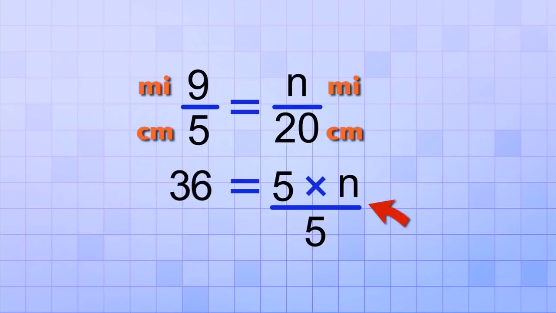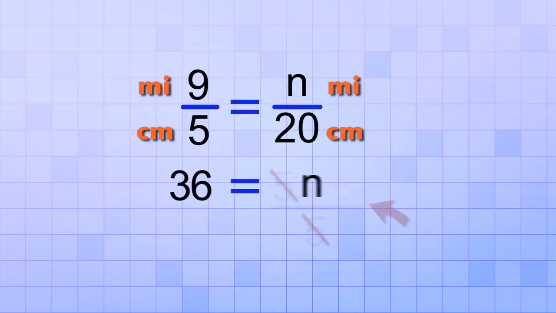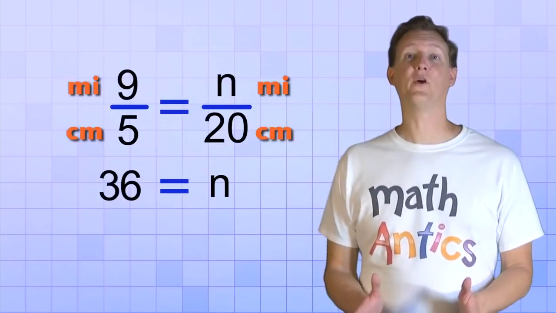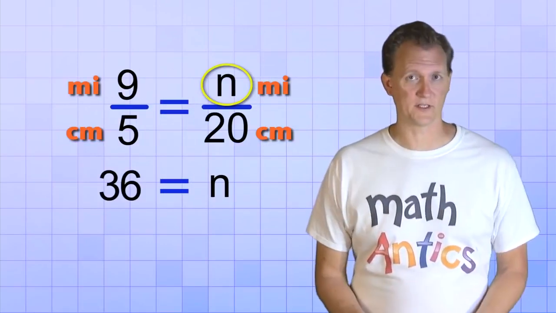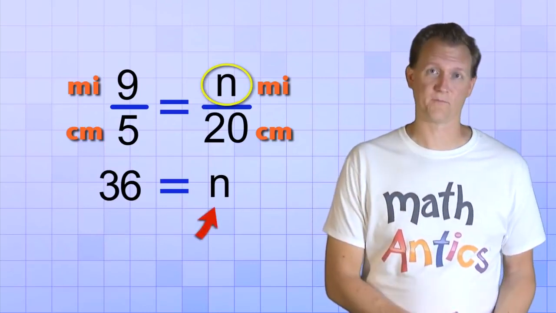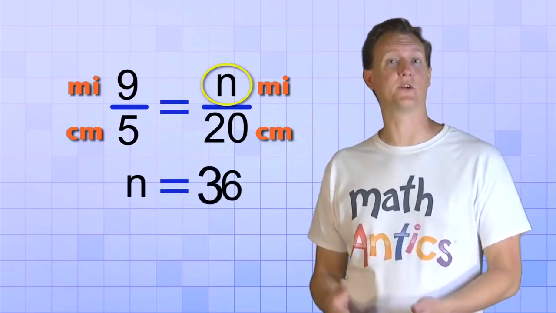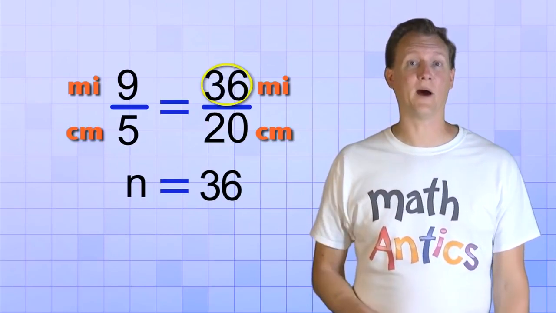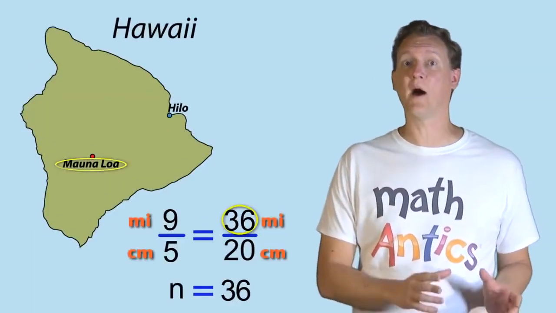And on the other side, 5 times n divided by 5 is just n, since the 5's cancel out. There. Now we know what the unknown value in our proportion is. 36 equals n, which is the same as n equals 36. That's the number of miles it is from the volcano Mauna Loa to Hilo.